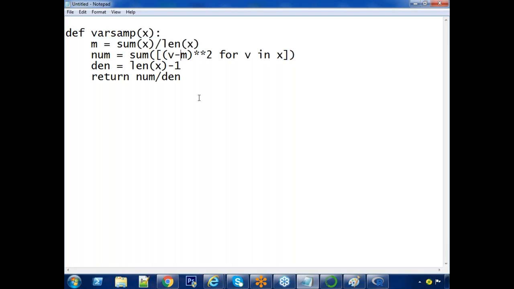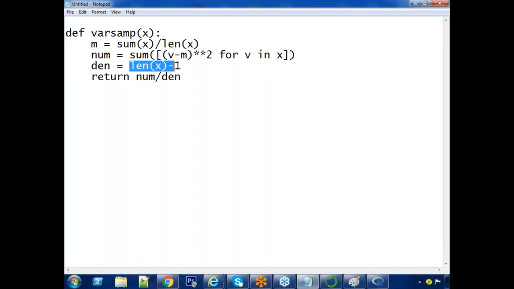After that, in this box, each value you take, from each value you subtract the mean value, and apply square. Now the returned content is a list of all deviation squares. For that you apply sum. By this, the numerator part is ready.